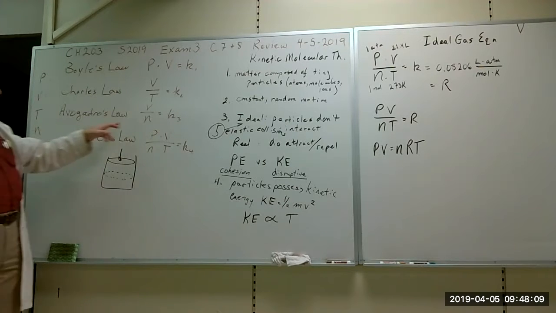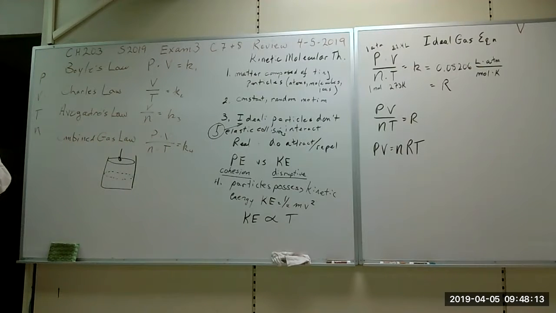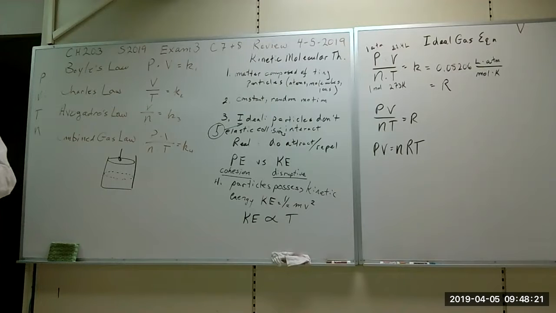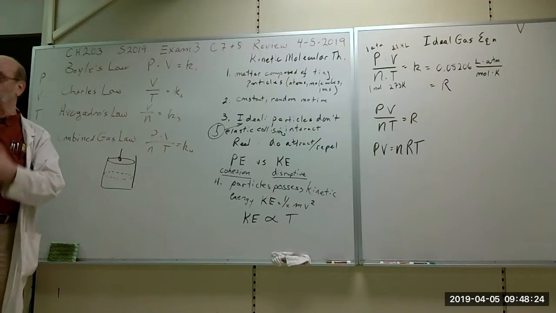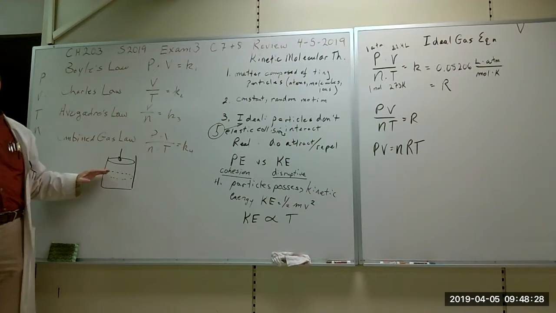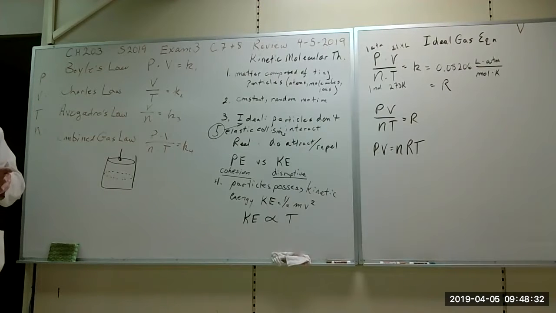How about Avogadro? Number of moles. We change the number of moles at the same temperature. Then we've got more molecules with that average energy, and more molecules with that energy means more collisions. More collisions against that piston mean more force, so the piston rises until the force is balanced again.